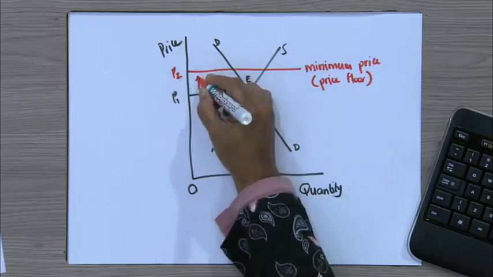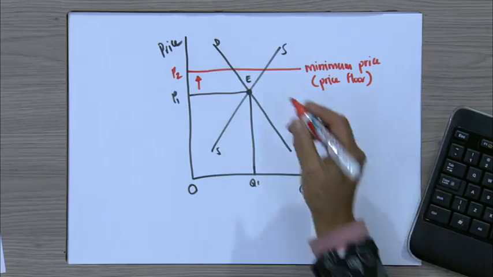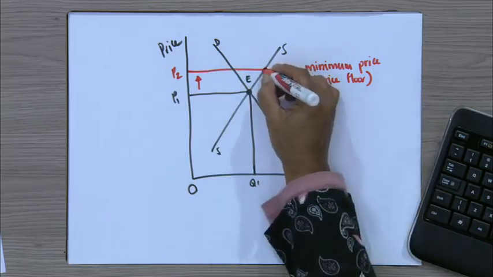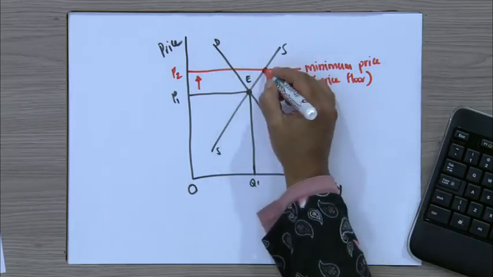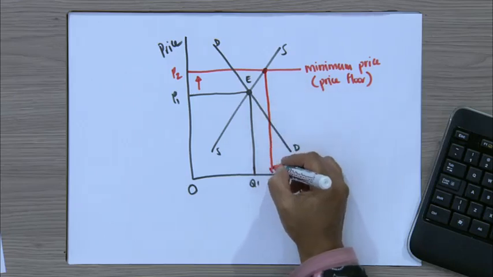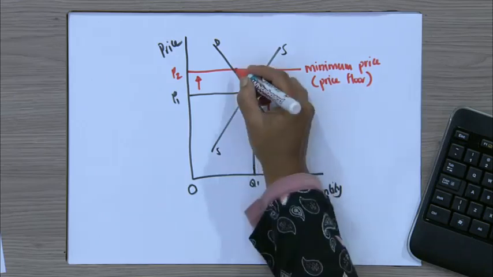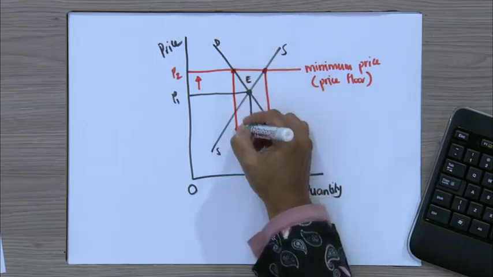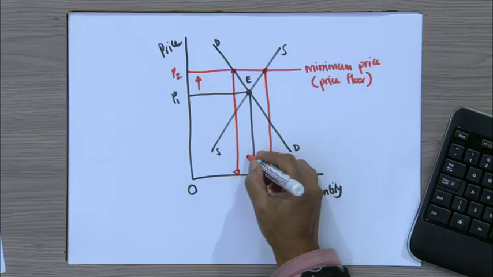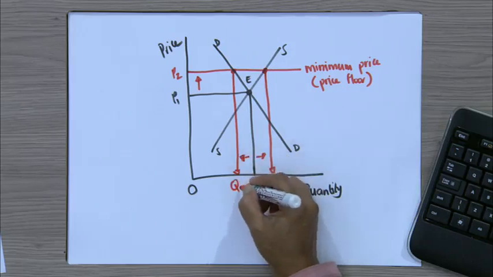So now the price has increased. So what do we see now? Your supply moves from Q1 to Q2, but your demand has moved from Q1 to Q0.